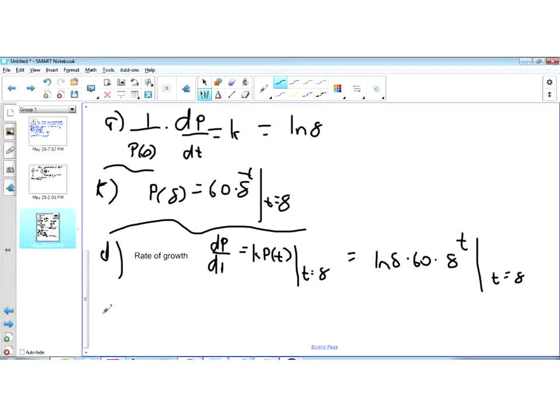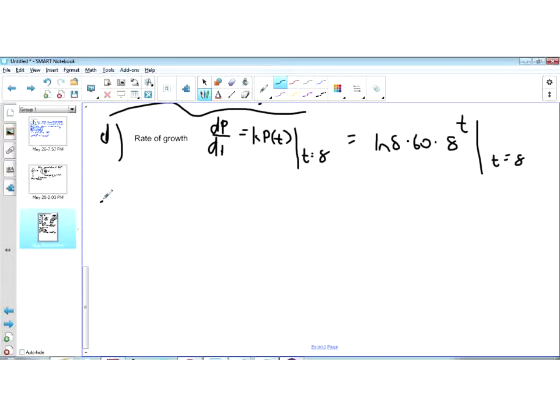And then the last part is, when does the population reach 20,000 cells? So we want to know the population P of t, which is equal to 60 times 8 to the t, and we want to solve for t when P is equal to 20,000.